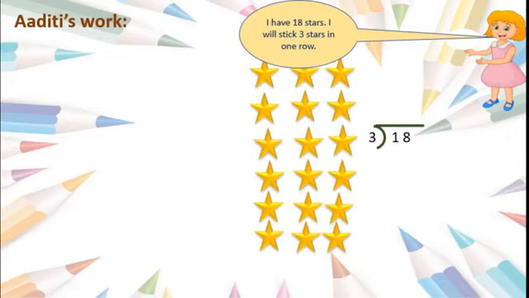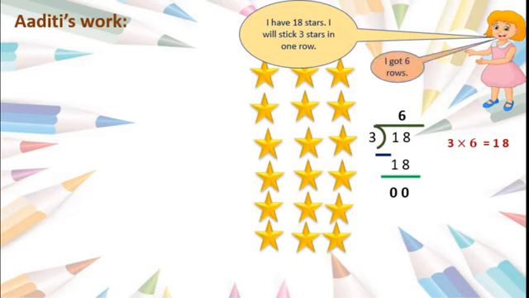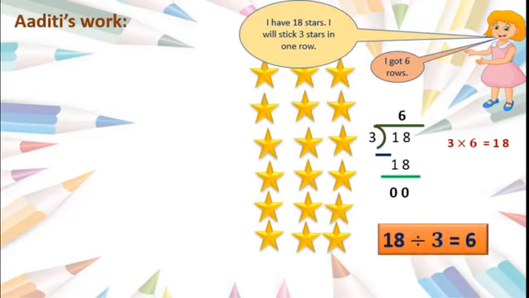Okay. 3 1s are 3, 3 2s are 6, 3 3s are 9, 3 4s are 12, 3 5s are 15, 3 6s are 18. Correct? So 3 6s are 18. So she has written 6 up and she subtracted 18 out of 18. So 0. Means I got 6 rows, she is telling. Isn't it? Means 18 divided by 3 is equal to 6.